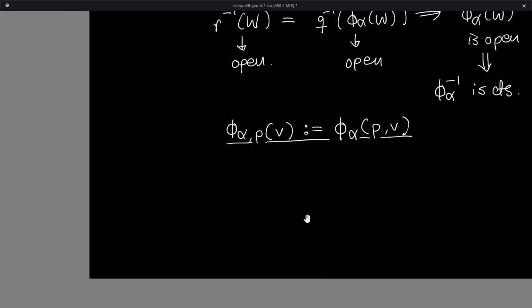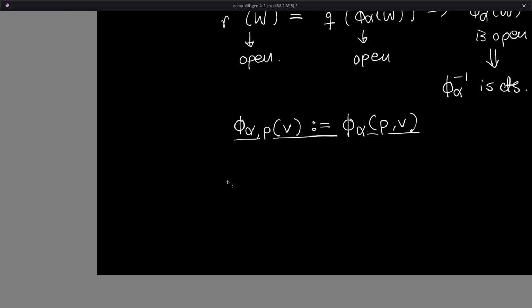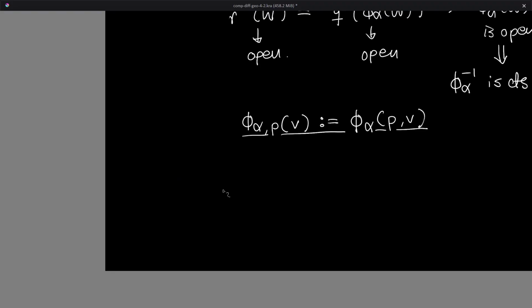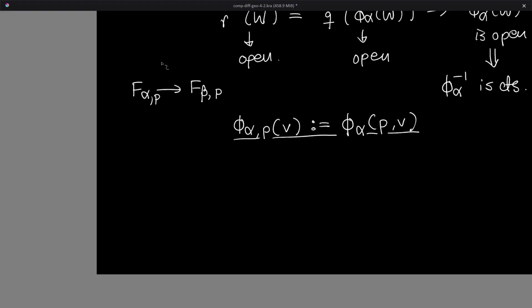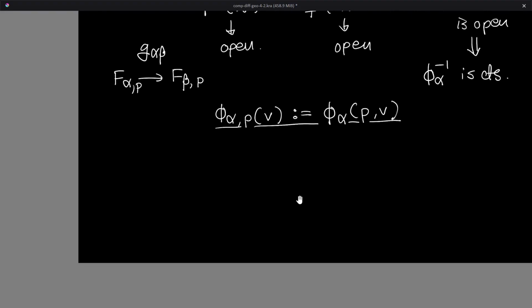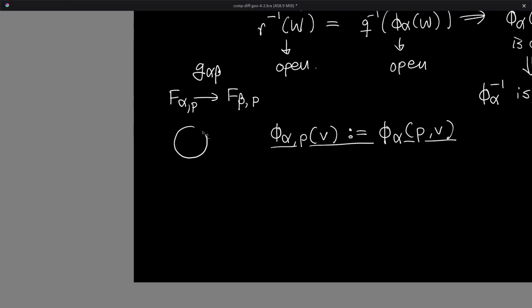So we're now looking at a single fiber, and remember, the transition functions are for transitioning between fibers as represented in different local charts. So you can think of it as going from the fiber in alpha to the fiber in beta, and we can also put a little p there to signify that it's for the point P. So that's what our transition function G alpha beta is going to do. And so here's the vector bundle.